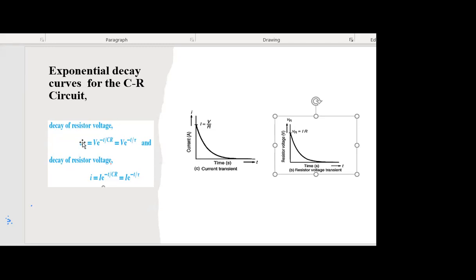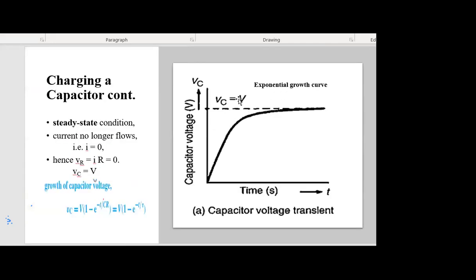So when you look at the equation, the voltage drop across the resistor will only depend on the transient, but it won't have the steady state like here. V equals VC, because at steady state we don't have any current, we don't have any IR.